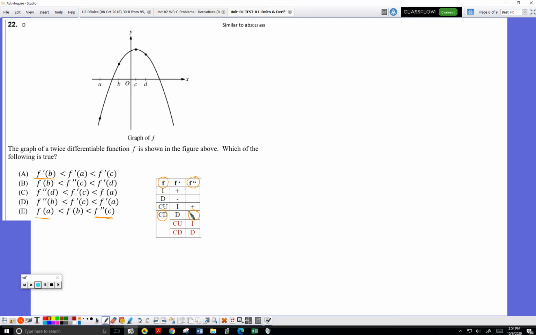So what Nicole did is she said, okay, I remember from class that usually when we get a problem like this, it's going to end up being something like negative, 0, positive. So she said, I'm going to take the f double prime values, because f double prime of D is negative, f double prime of B is also negative. 3 points. Somebody else.